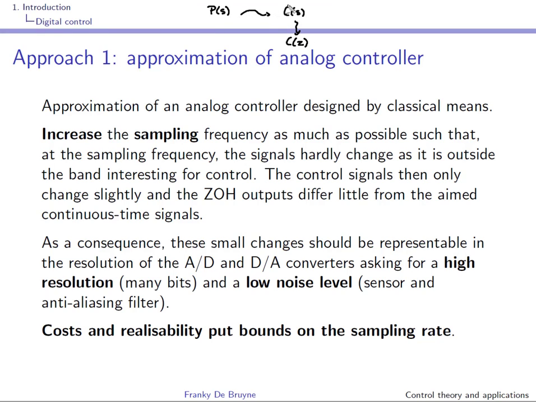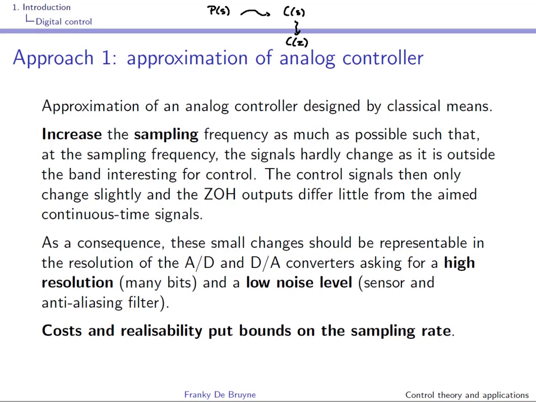So we'll talk about the PID controller in section 4, and we'll see in section 3 how you can approximate a transfer function in the S domain by a transfer function in the Z domain using numerical approximation.